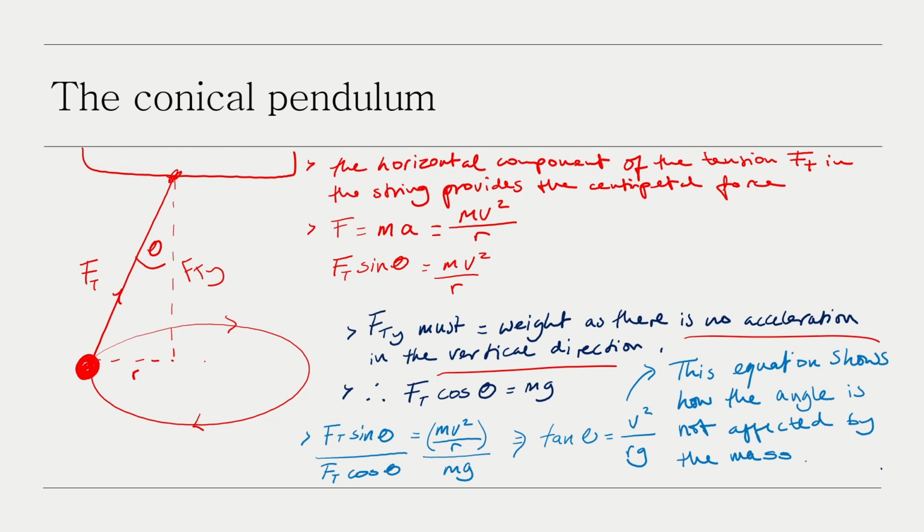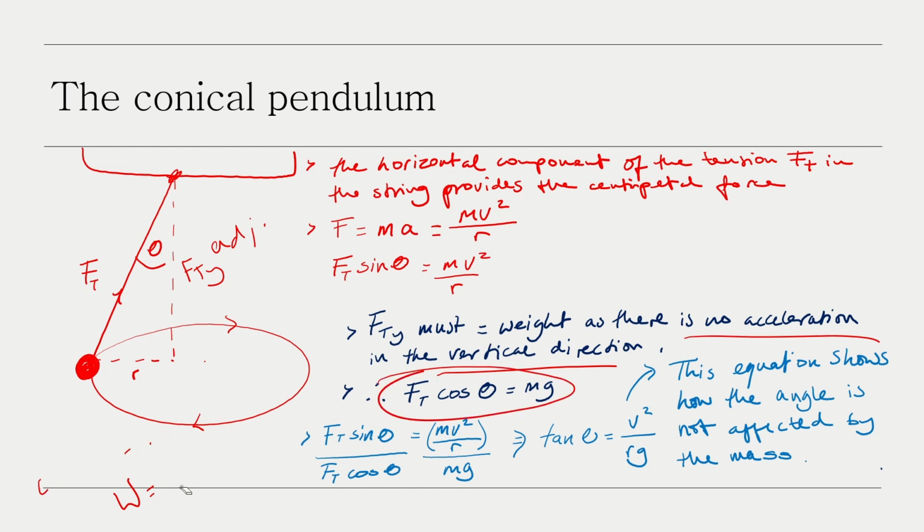That is obviously our adjacent, and we know that the adjacent is equal to the cosine of the angle multiplied by the hypotenuse. So we say that the cosine of the angle multiplied by Ft is equal to mg, because we know that weight is equal to mg. And that's where we get this expression from.